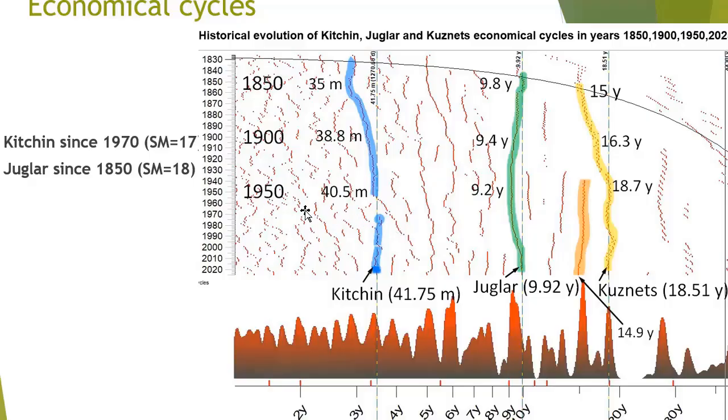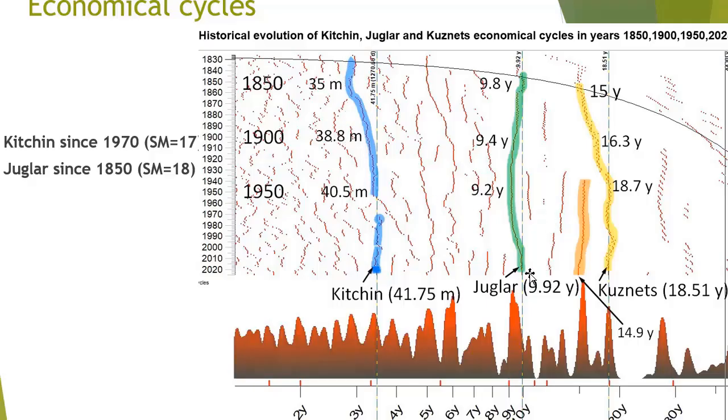So it means that the life expectancy of this cycle is at least 17 periods. Since 1917, the Kitchin inventory cycle made 17 periods. But actually it's more, much more.